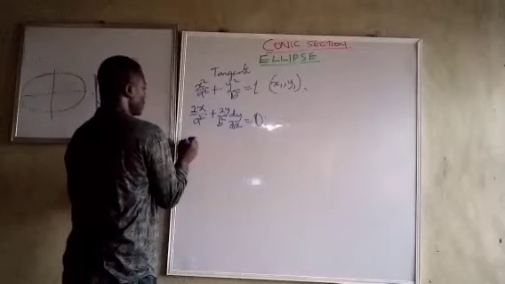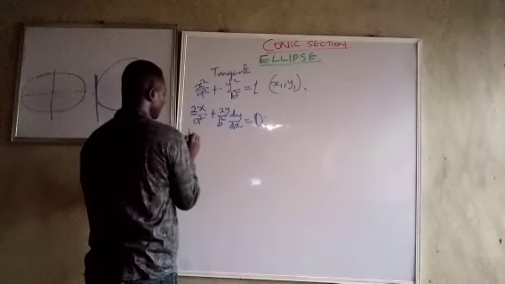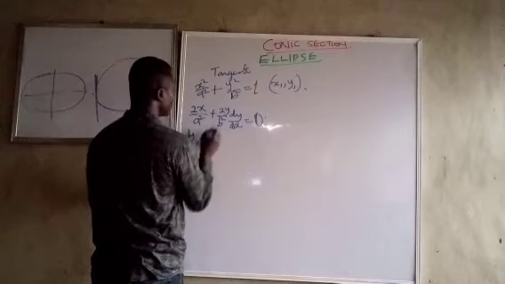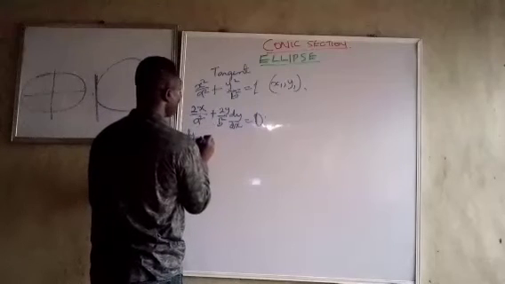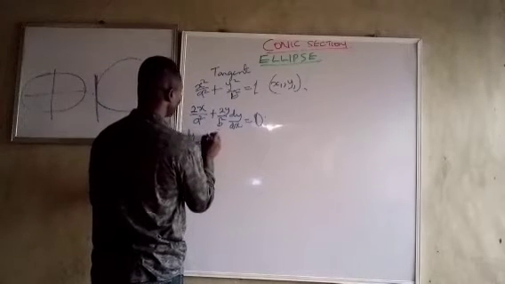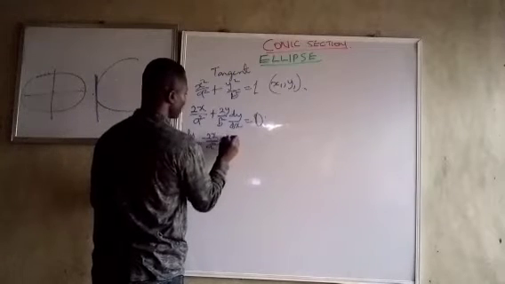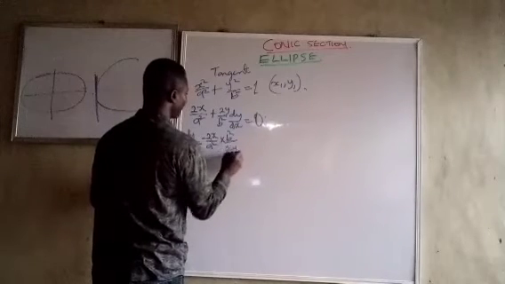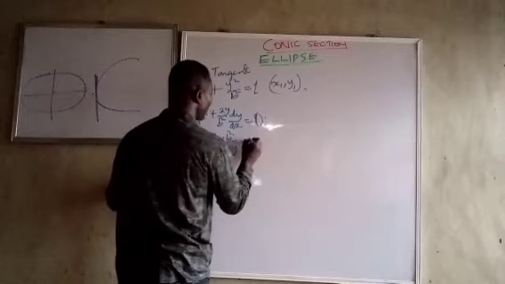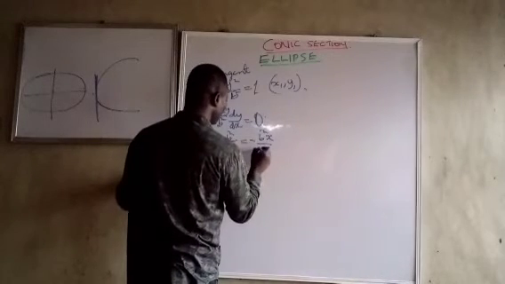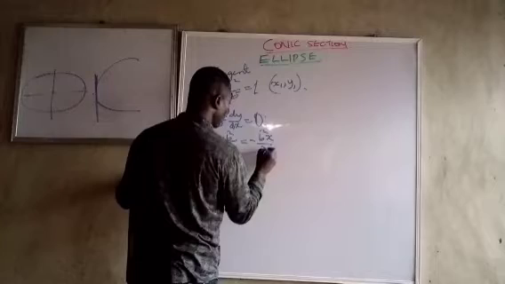So our gradient is dy dx equals minus 2x over a squared times b squared over 2y. So we have minus b squared x over a squared y.